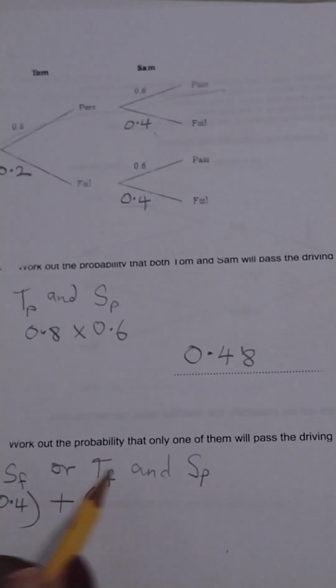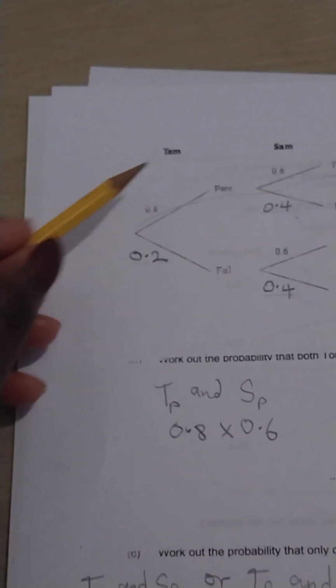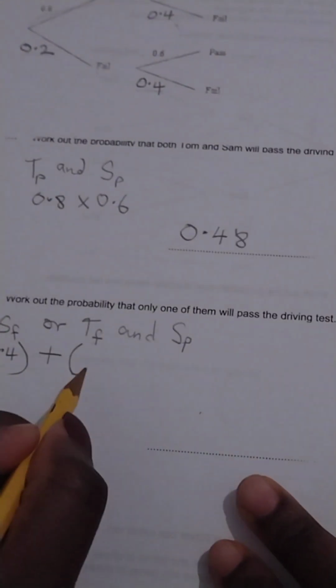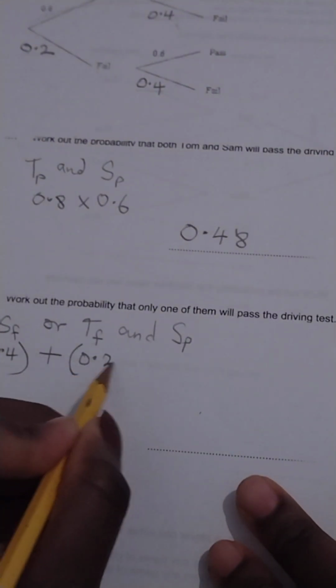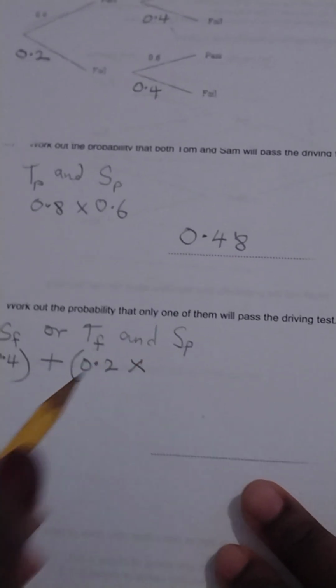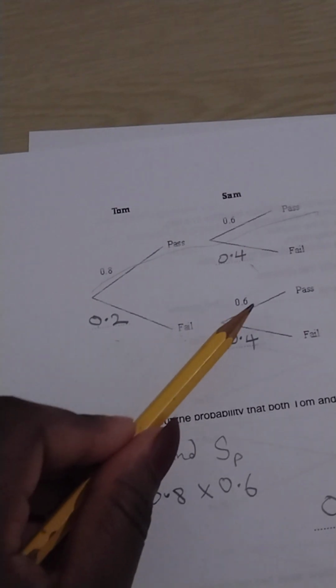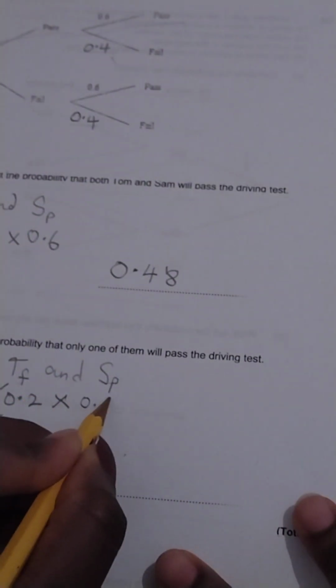Now Tom fails, so the probability that he fails is 0.2. And Sam passes, so Tom fails but Sam passes, 0.6. So you follow, it's almost like following the arrow.